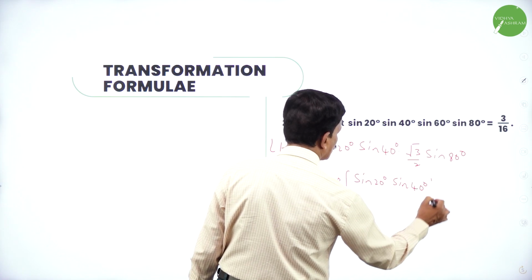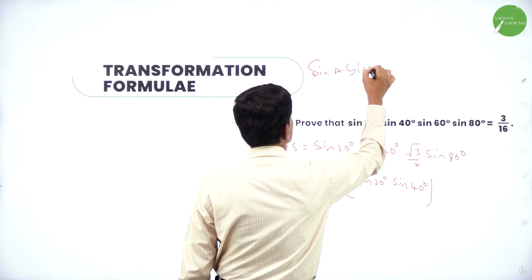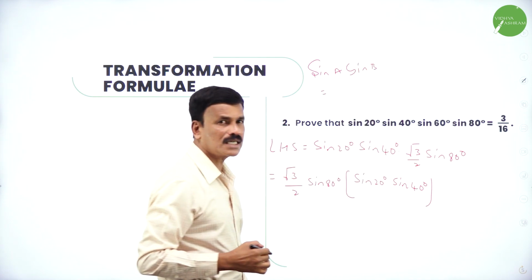For this sin 20 and sin 40, this is of the form sin A sin B. Apply the formula for sin A sin B. What is sin A sin B?